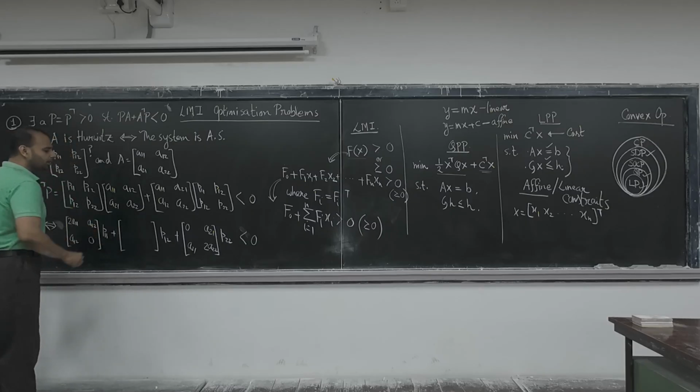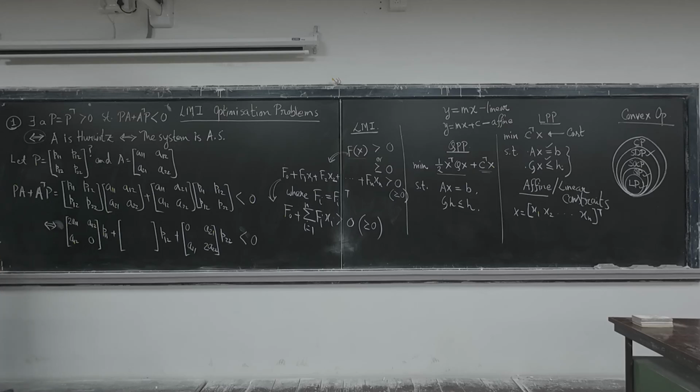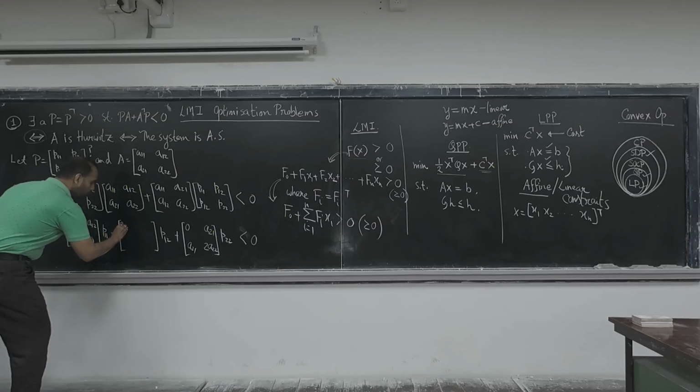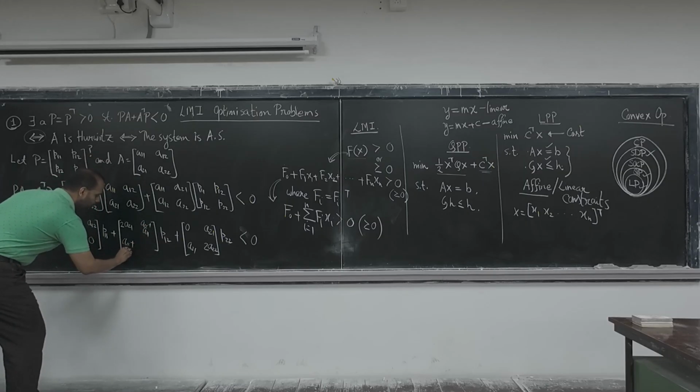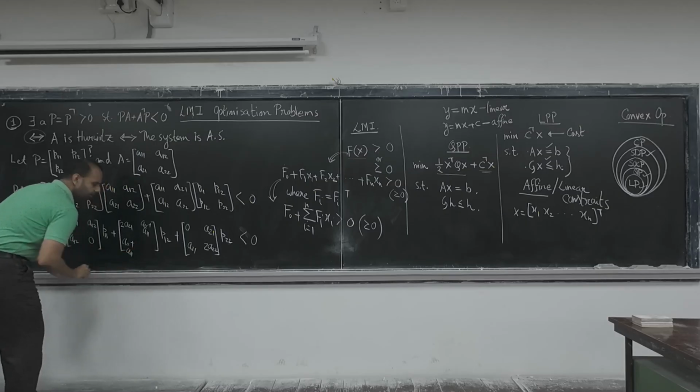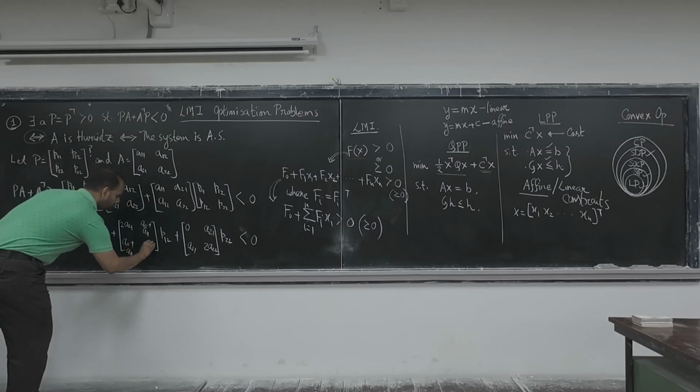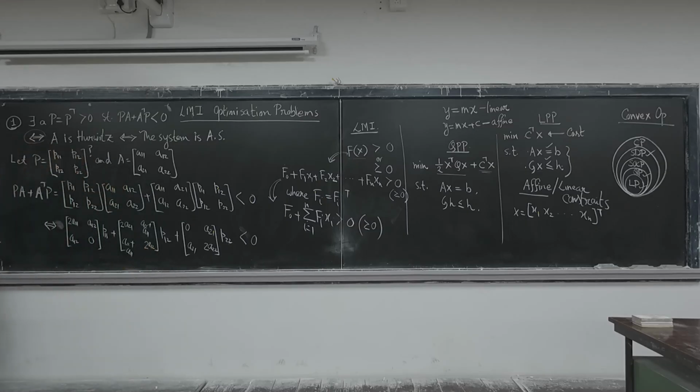In between, this one will have some more entries: 2A21, A21, and A22 plus A11. Here also you will have A22 plus A11, and here 2A12. Now you see, it is as if f1 into x1 plus f2 into x2 plus f3 into x3 is less than 0.